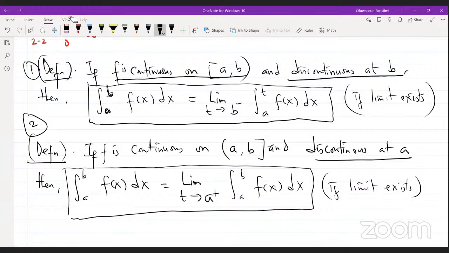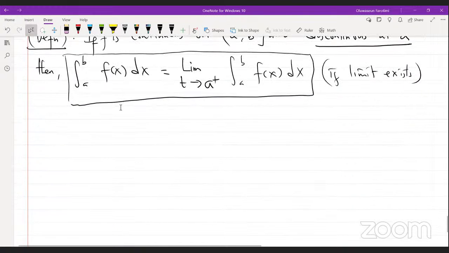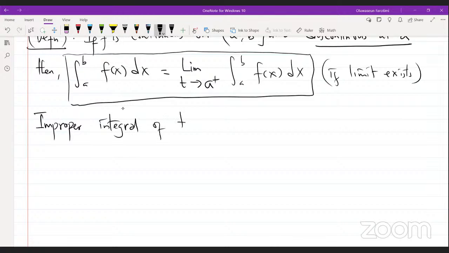Okay, so let's move on, guys. Now that will lead us to safely talk about the improper integral of type 2. Whether it converges or diverges definitely depends on the limits. You remember that, guys, okay?